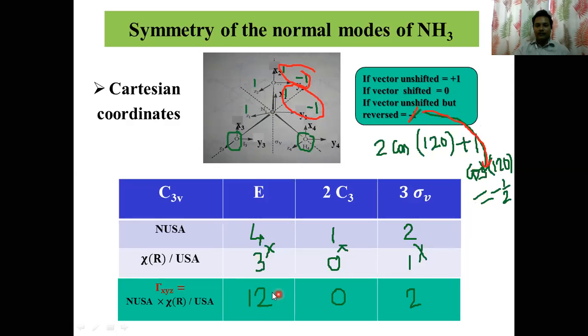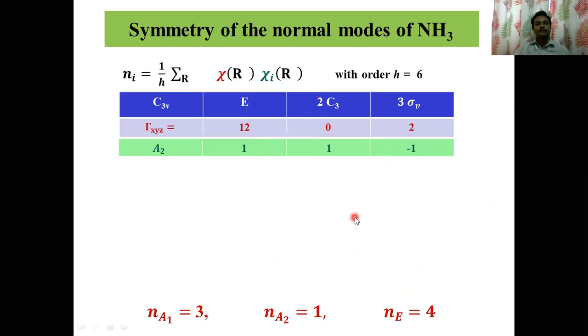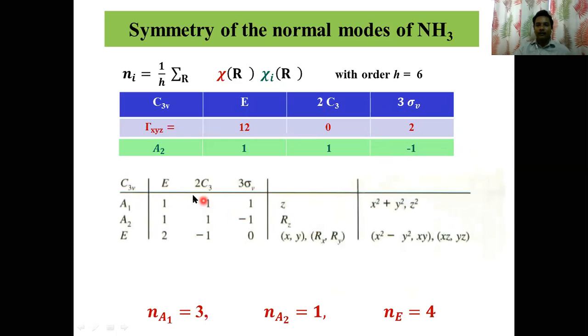Now, when we get this total reducible representation, we are going to reduce this in terms of all the irreducible representations of the point group of C3v, right? Let me clear this drawing. I will take only A2, this number of A2, how it comes.